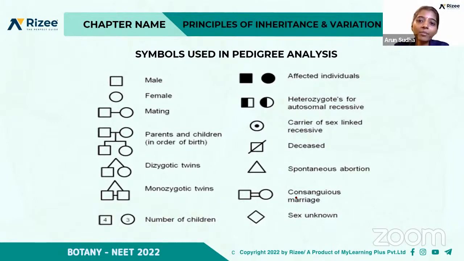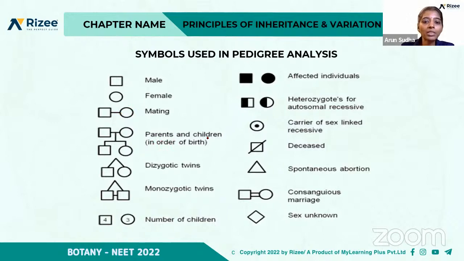All the information should be in the family tree. The general common format is: squares represent males and circles represent females. If there is a mating between a male and a female, it is represented as a line joining them.